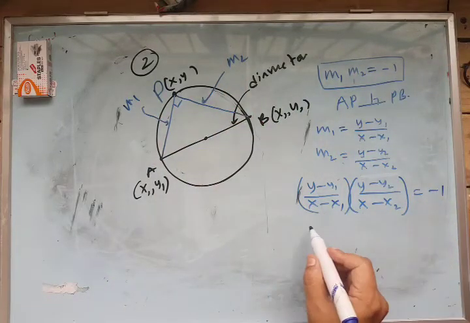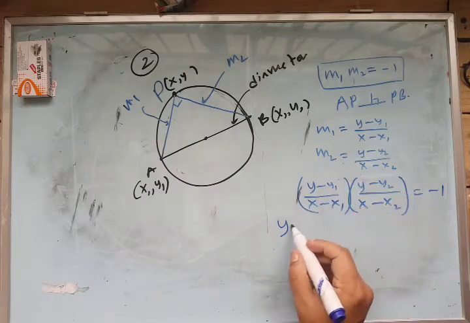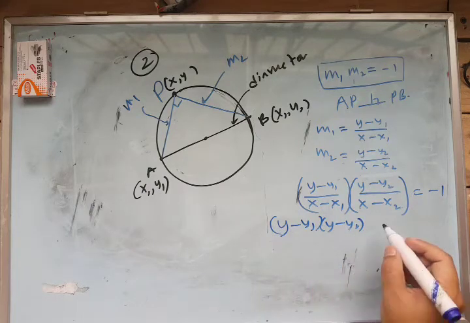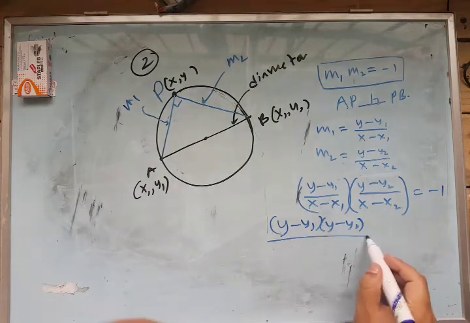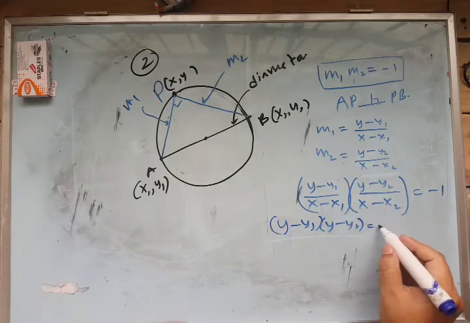Now we can cross multiply. I multiply the two numerators, y minus y1 into y minus y2, divided by the product of x minus x1 and x minus x2, and take this to the other side.